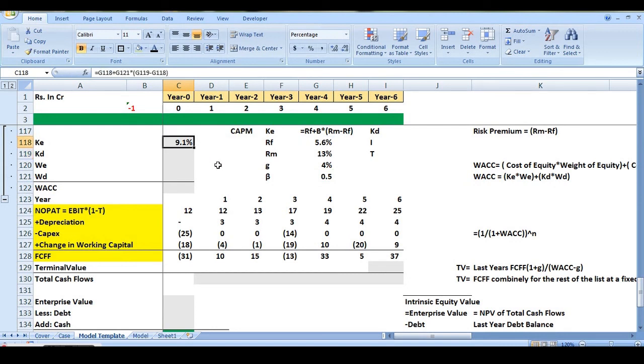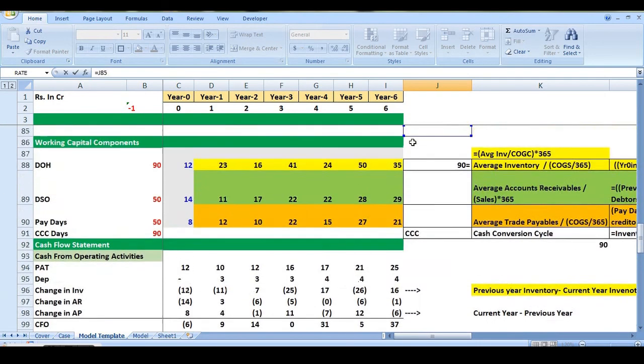Next is cost of debt. Cost of debt can be very easily calculated as interest into 1 minus T. Interest rate, we know it is 10%, but rather we will link it with the income statement values given to us.